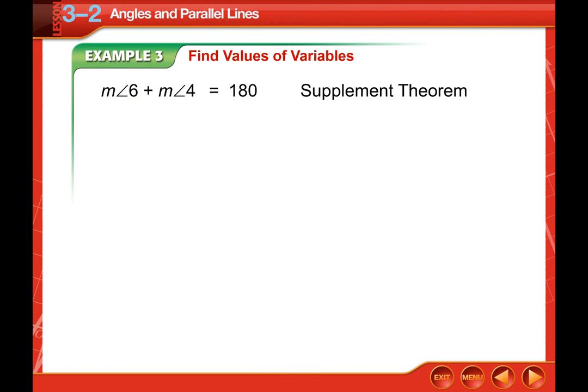Now, to determine the measure of angle 6, I know that the measure of angle 6 and the measure of angle 4 is 180 due to the supplement theorem. So if I substitute in, I can say that 4y plus 4y minus 25 is equal to 180.